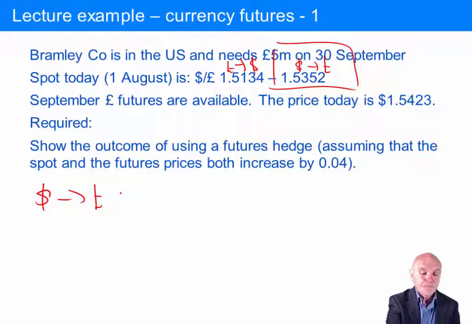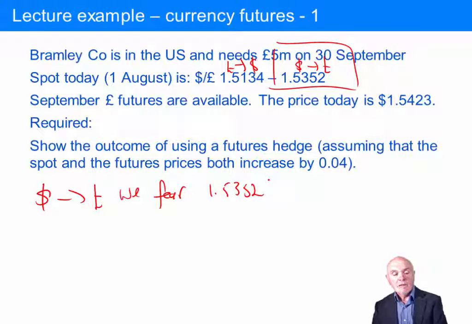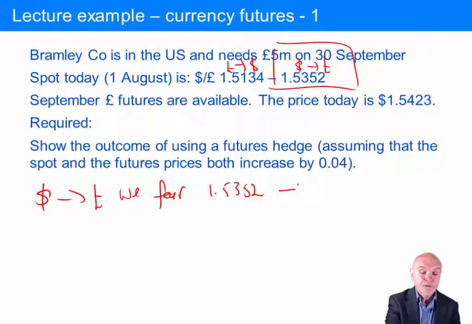What do we fear? We fear at the minute we're changing at 1.5352. We're going to be in quite a lot of bother in a way if this, say, were to go up to 2, yeah?